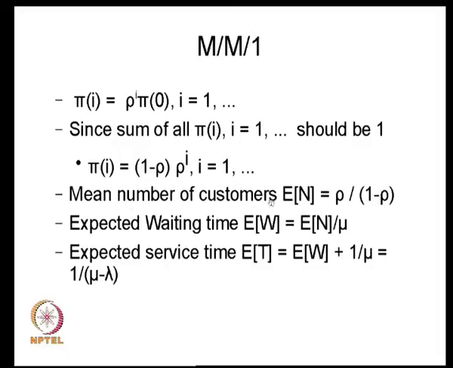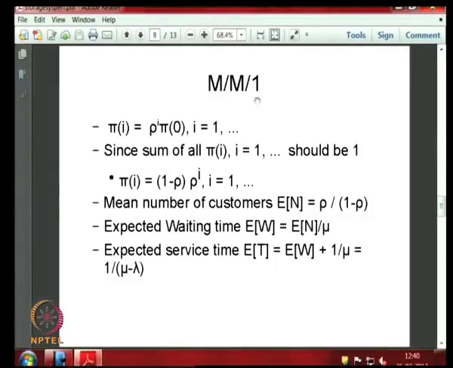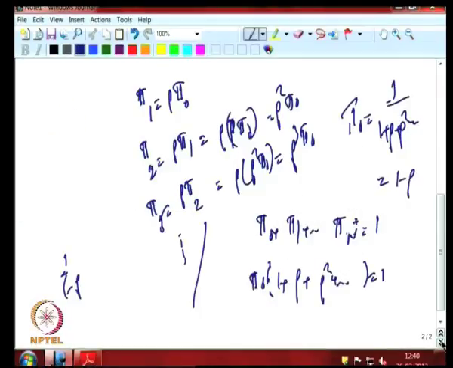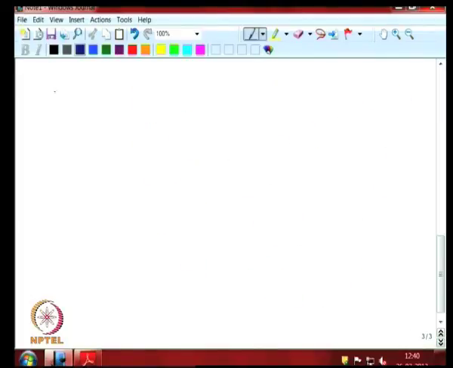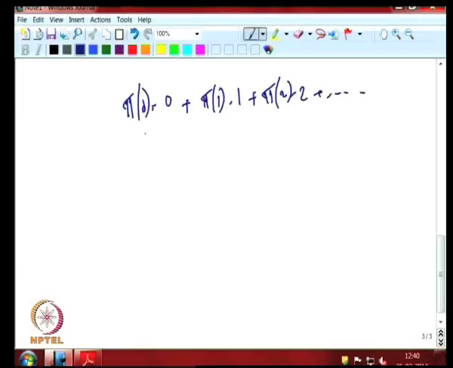And you can also compute the mean number of customers. How will you find the mean number of customers? Again, the probability of 0 customers being there is pi of 0 multiplied by 0, plus the probability of being with only one customer multiplied by 1, pi of 2 into 2, etc. Pi 0 into 0 is 0, that's gone, and pi 1 is rho pi 0.